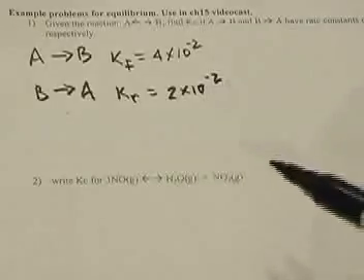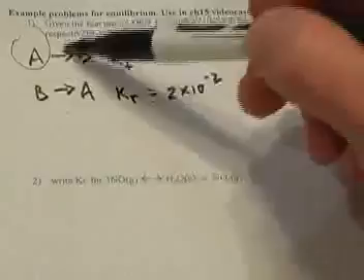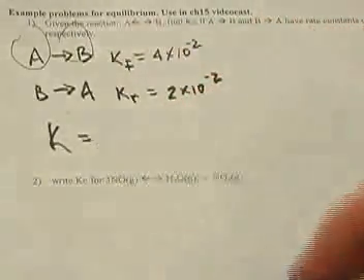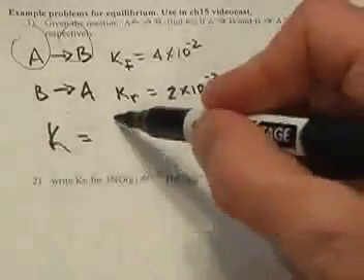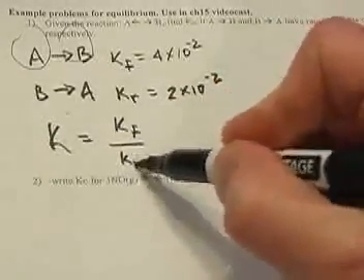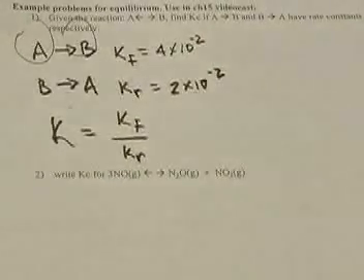Well, the equilibrium constant, which tells us is there more A or is there more B, is defined as the forward rate constant divided by the reverse rate constant. And right now is the time to get used to what all these K's mean.